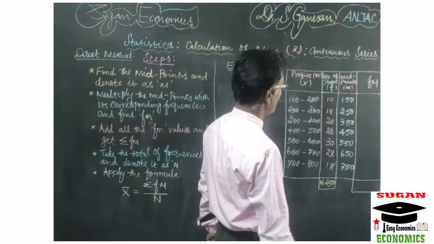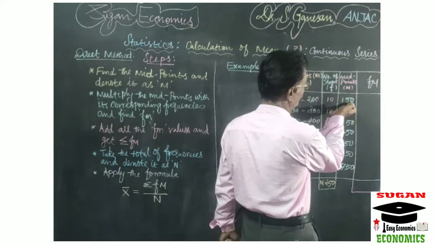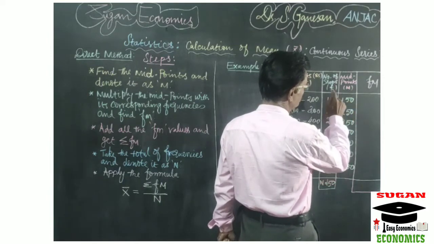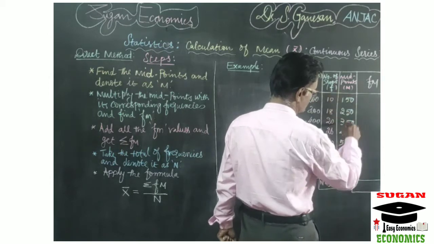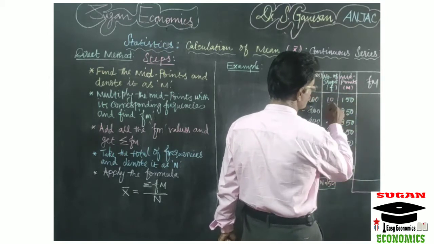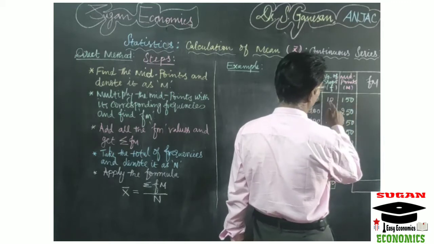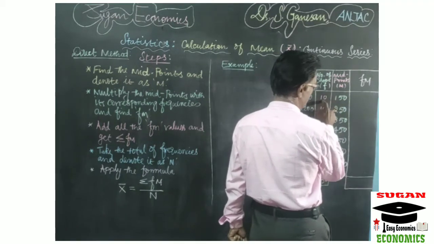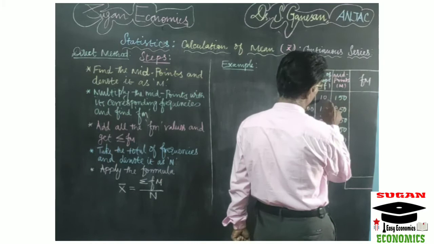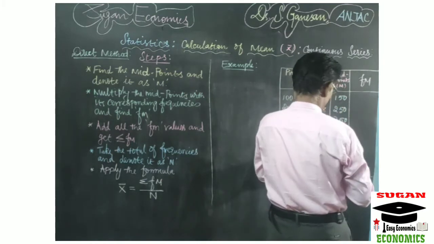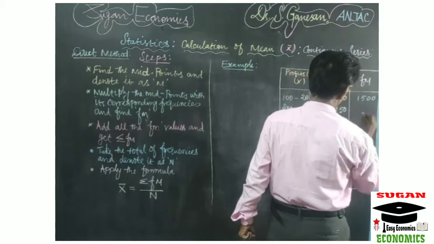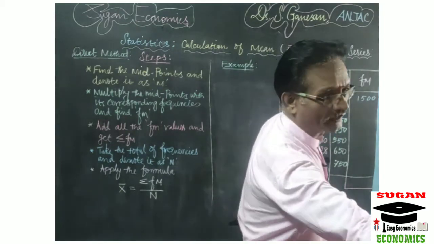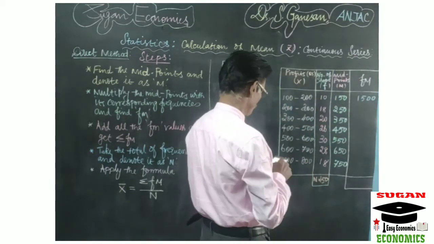So now after calculating the midpoints, we have to multiply the frequency with the midpoints. Each and every frequency has a corresponding midpoint. So now you take the product of these two. The first frequency is 10 and the midpoint is 150. So 10 into 150 is equal to 1500.